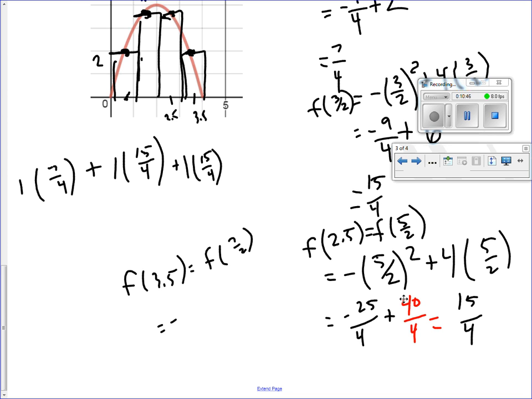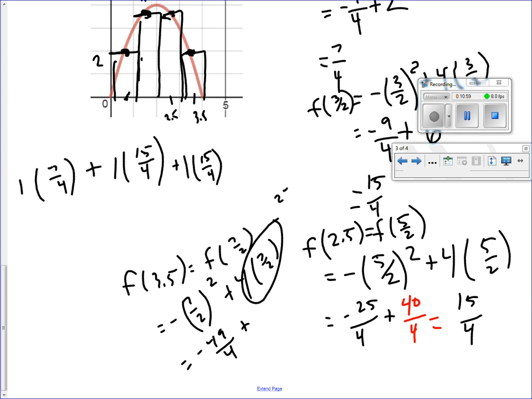So I have negative 7 over 2 squared plus 4 times 7 over 2. So squaring both the top and the bottom. And this will be 28 over 2, this part right here. But I really want it in fourths, so I'm going to double 28 to get 56 over 4. And then I see 56 minus 49 is 7.